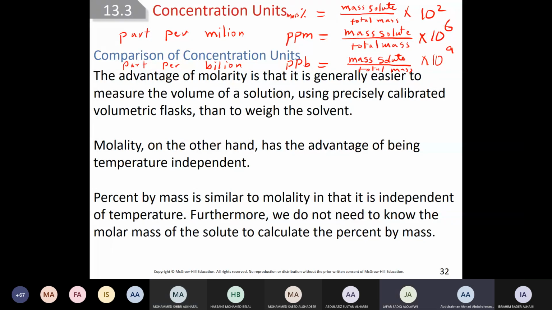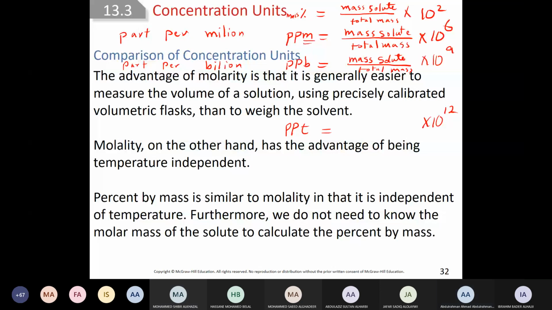Exactly. How about if I have ppt? 10 to the power what? I think 3. No, 10 to the power 12, parts per trillion. T represents trillion. Million, billion, trillion.